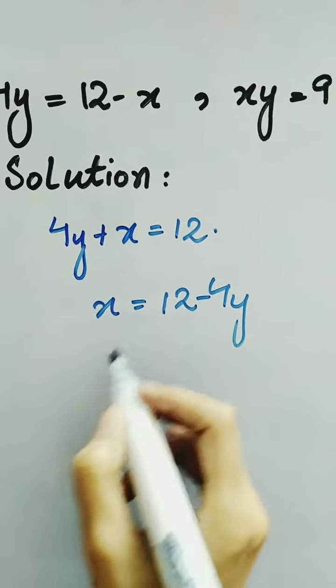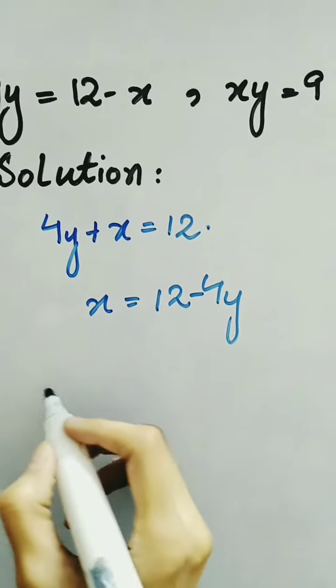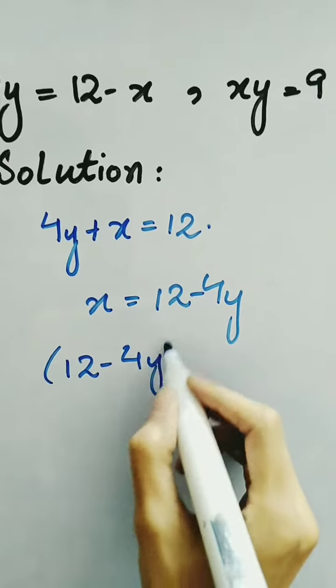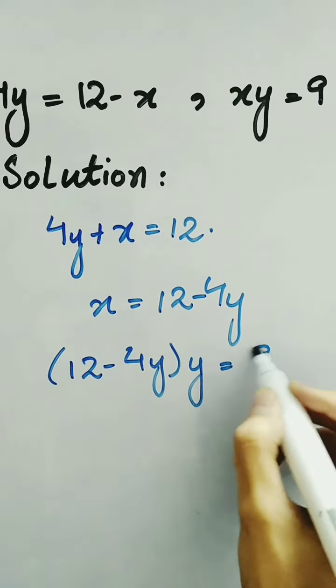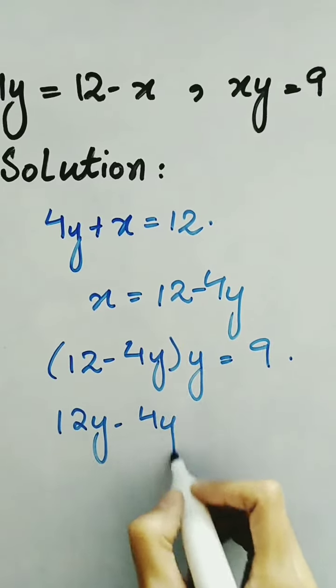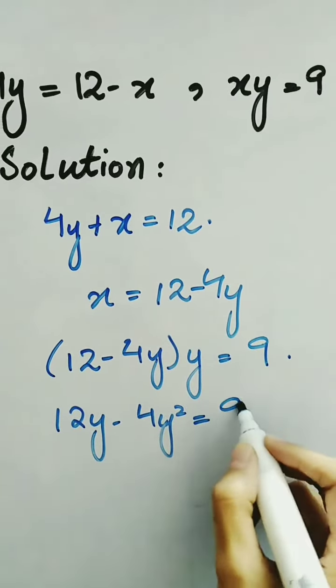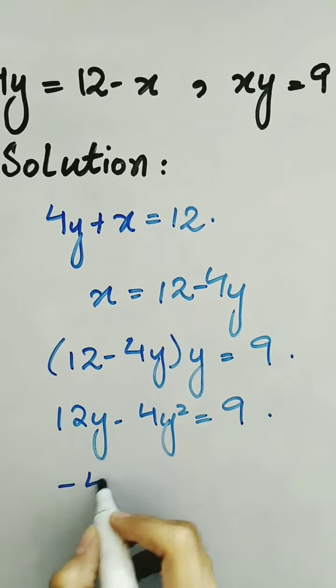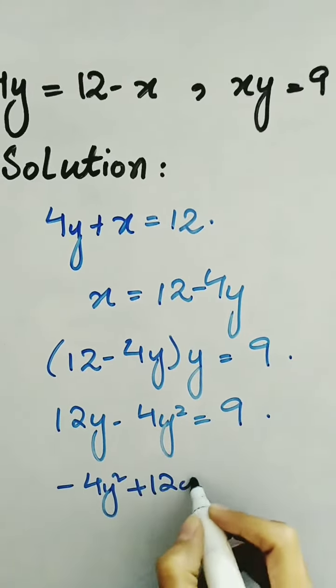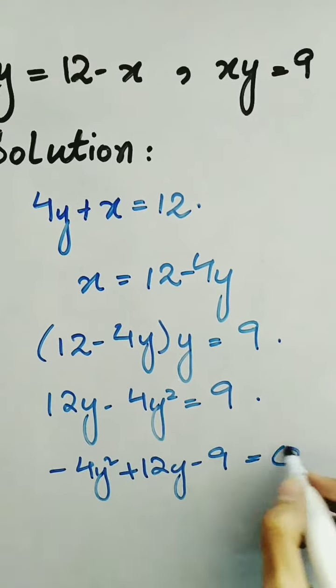Now we will put this value of x in another equation, which is xy equals 9. So we have 12 minus 4y into y equals 9, or we will have 12y minus 4y square equals 9, or minus 4y square plus 12y minus 9 equals 0.